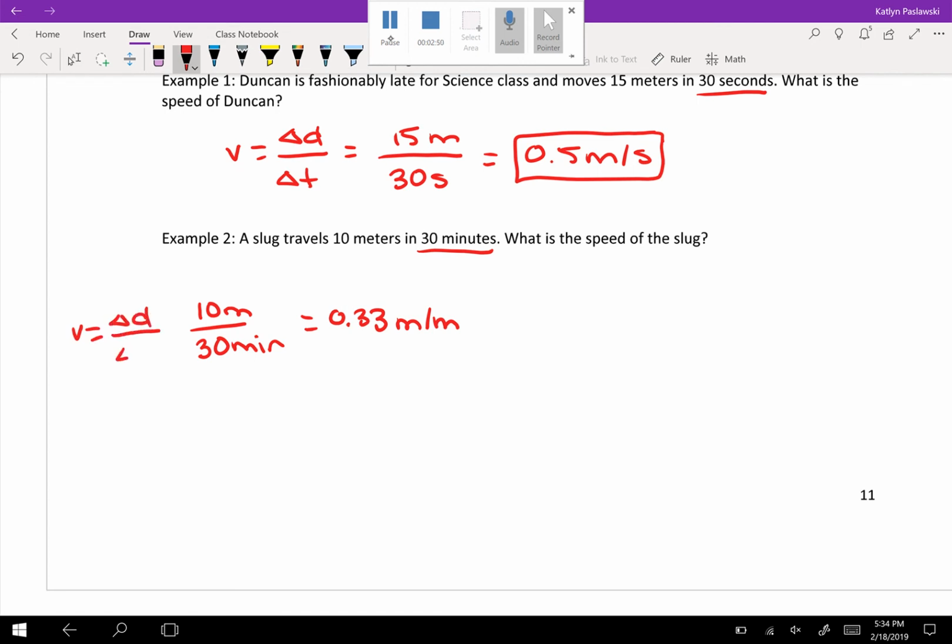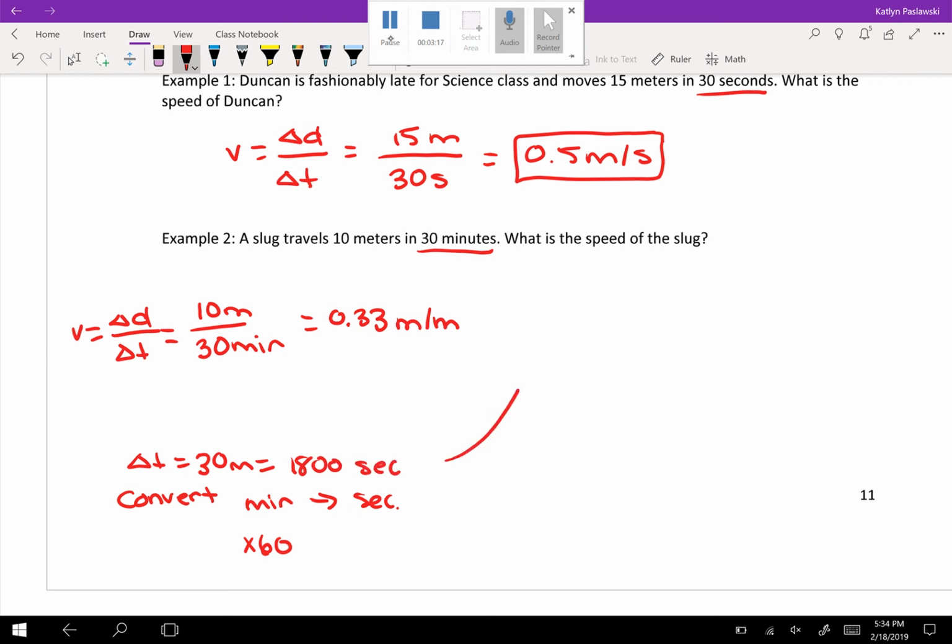I'm just writing the formula here. We could convert 30 minutes into seconds. So to convert minutes to seconds, we need to multiply by 60. So the change in time is equal to 30 minutes, which is also equal to 1800 seconds.